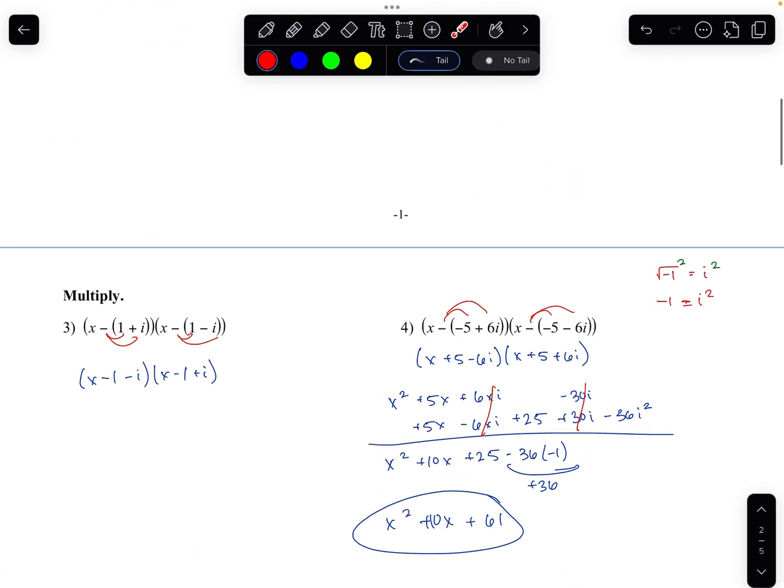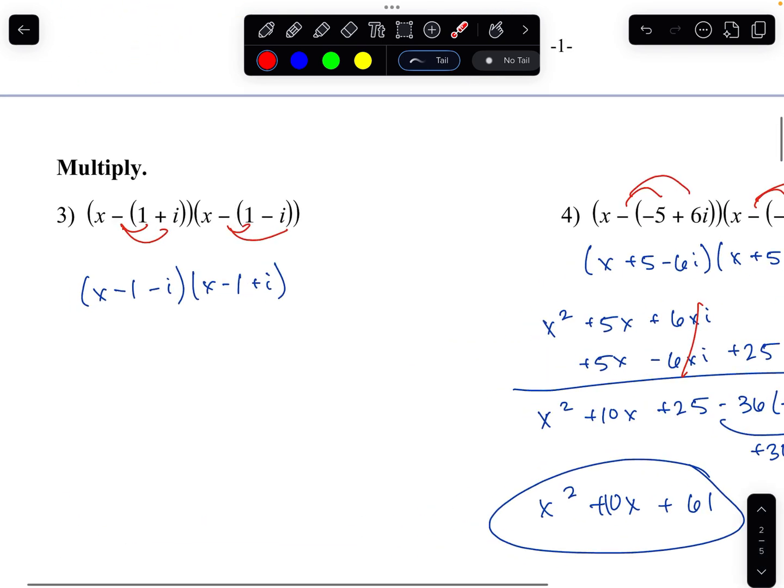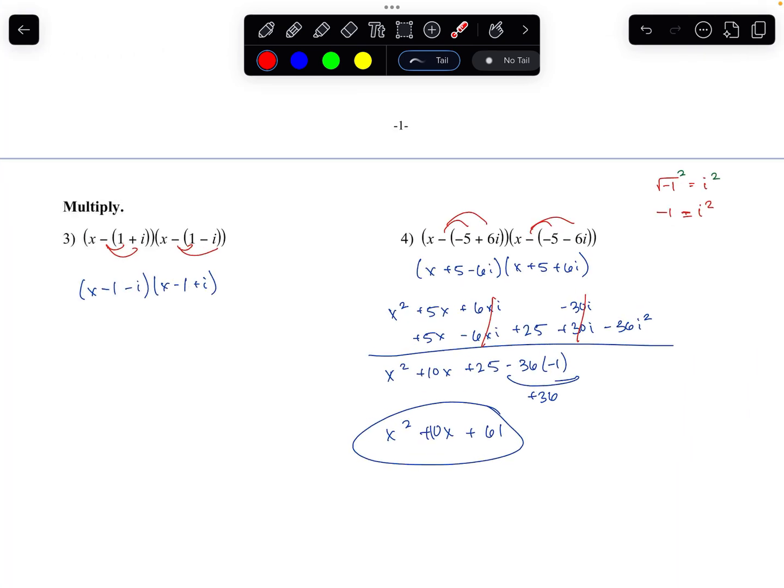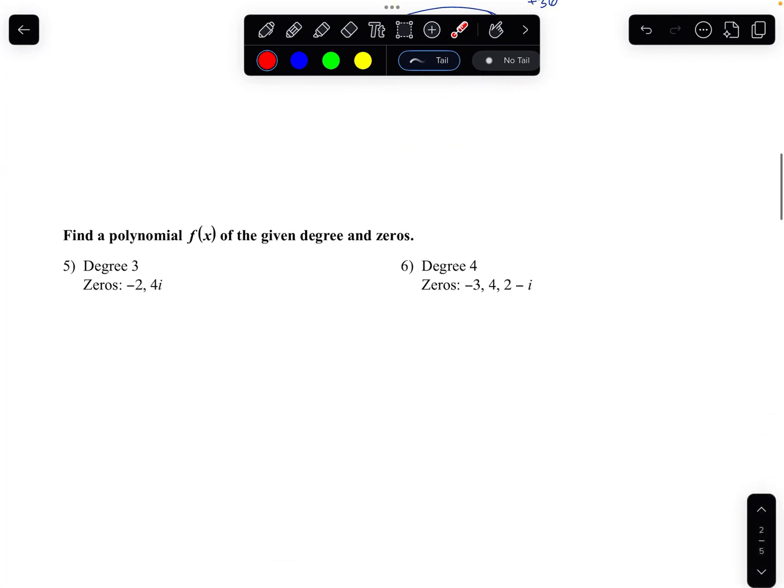We call them conjugates. So right here we have 1 plus i and 1 minus i. Those are called conjugates. Over here we have -5 plus 6i and -5 minus 6i. Those are called conjugates. Imaginary solutions, rather, come in conjugate pairs.